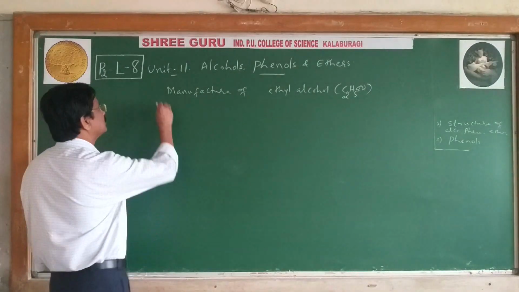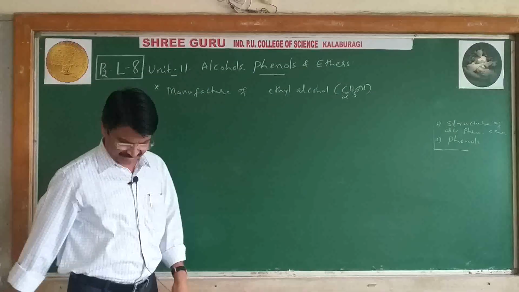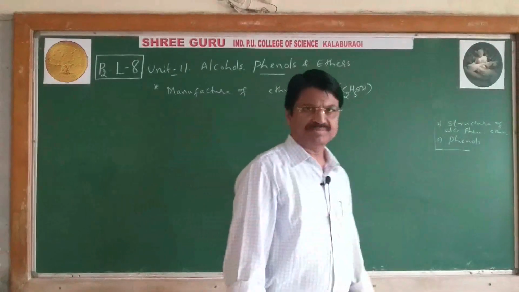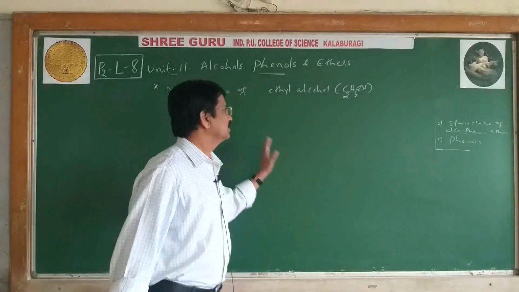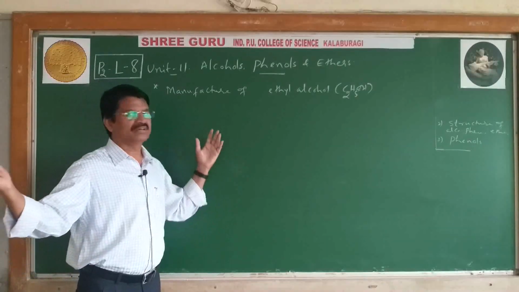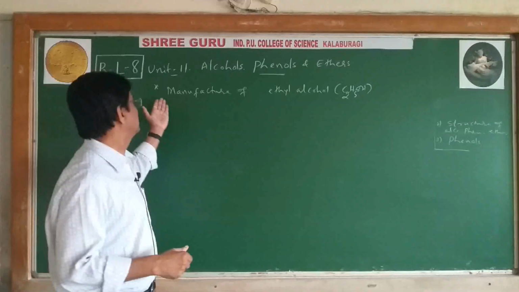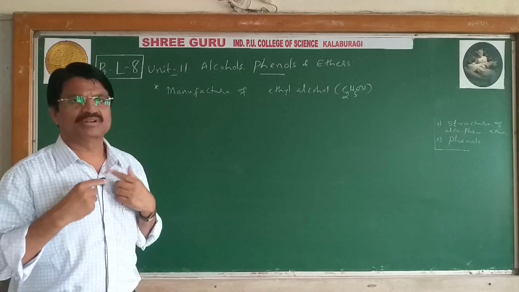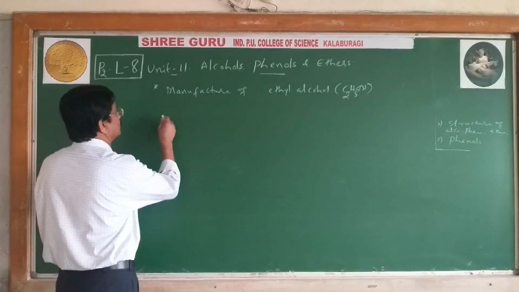It is also important, maybe for a 2 mark question. Manufacture of ethanol or ethyl alcohol. See how to get ethanol in industry on a large scale, hence it is called manufacture. Now to manufacture ethanol, first we take molasses.